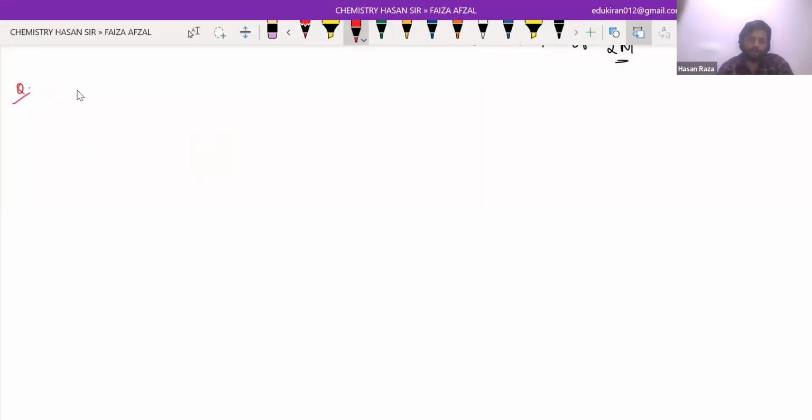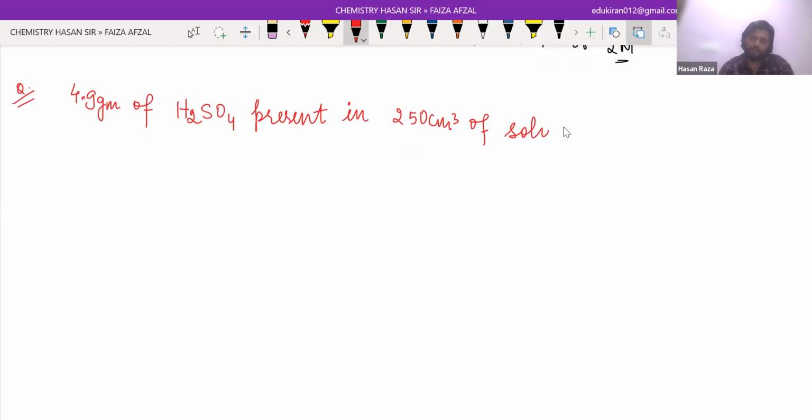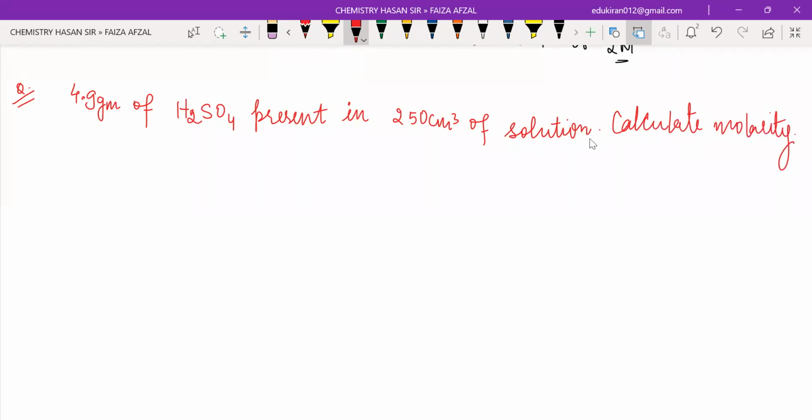You can see the question: 4.9 gram of H2SO4 present in 250 centimeter cube of solution. Calculate molarity. Can you do this, or should I explain the first one? Sir, can you explain? Okay.